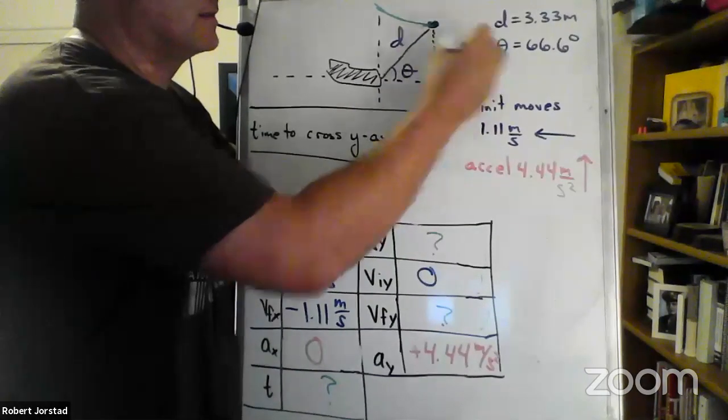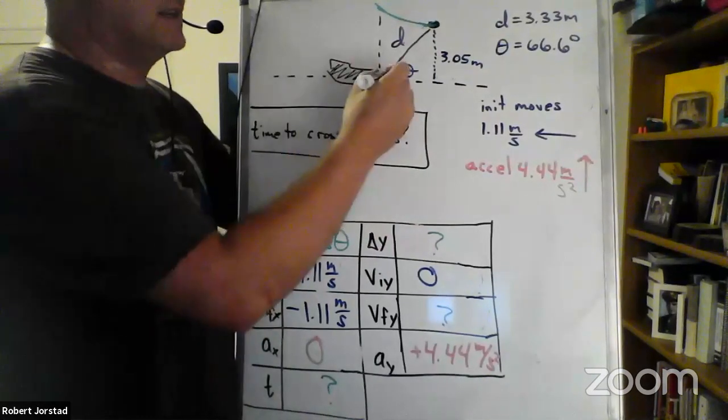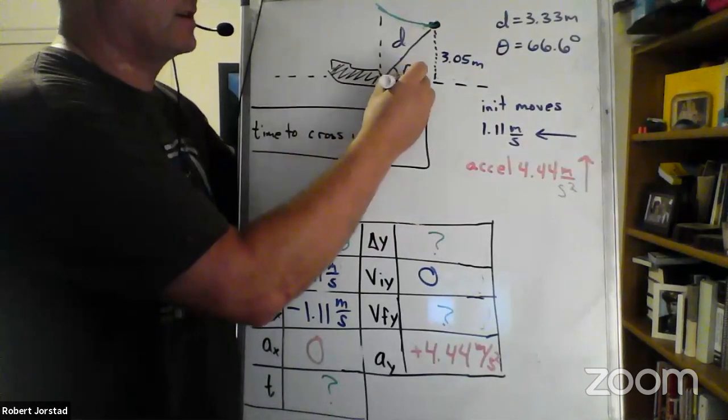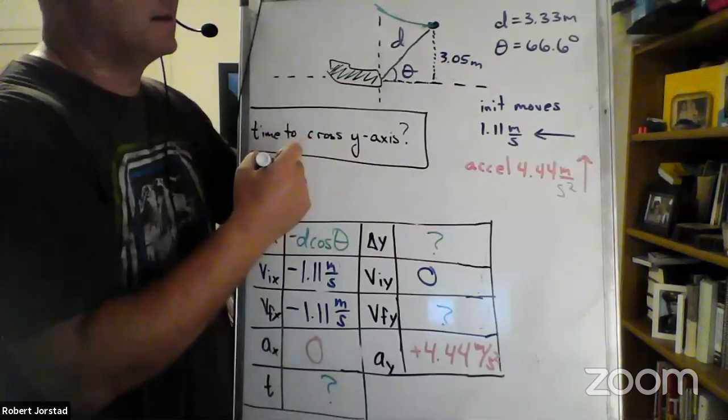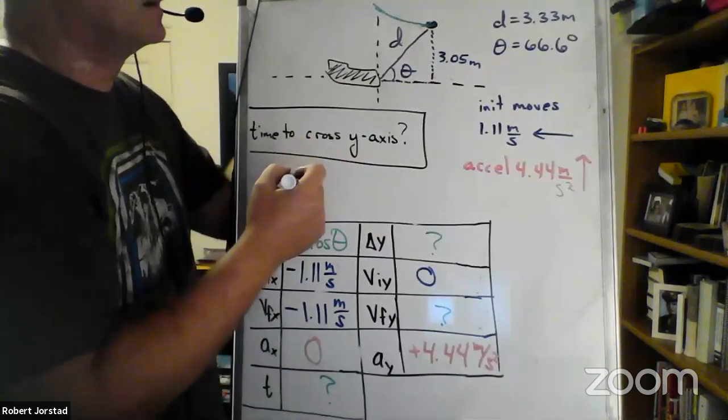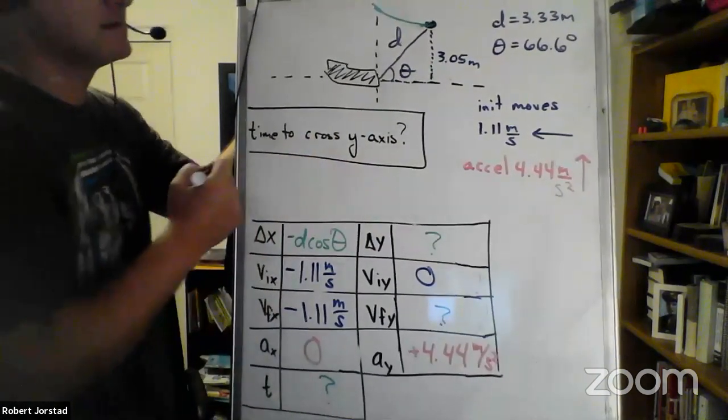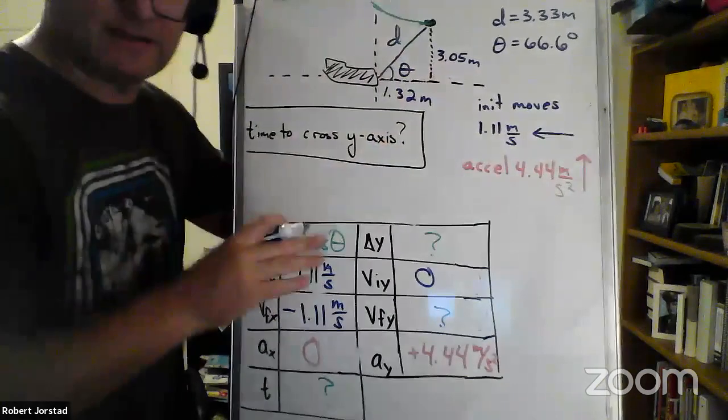It's 3.04. 3.05. 3.05 meters? Yeah. And then this distance right here is how much? It's going to be D cosine that. 1.32 meters. Okay, and normally we keep some extra sig figs, but for now, this is good enough.